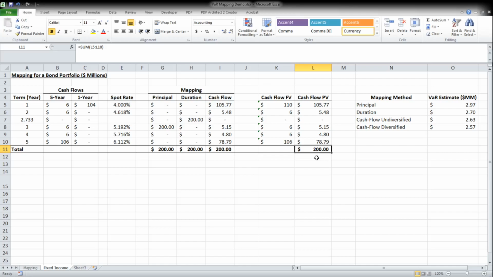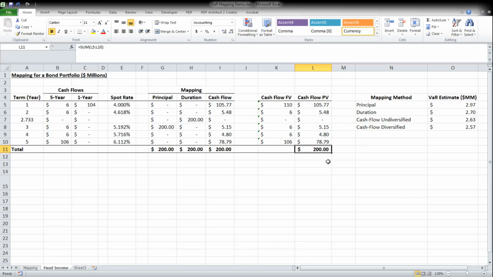If you had a portfolio of 100 different bonds, but all of those bonds had cash flows within 5 years, you can map all of that risk to a small set of five bonds of maturities of 1 to 5 years, and then you can assign or map a portion of your portfolio to each one of those bonds, and then calculate your risk of the portfolio using that simplified mapped method.